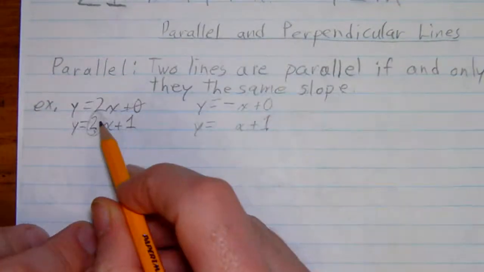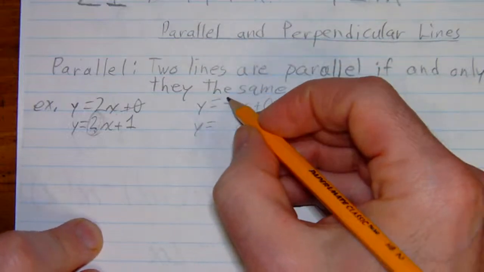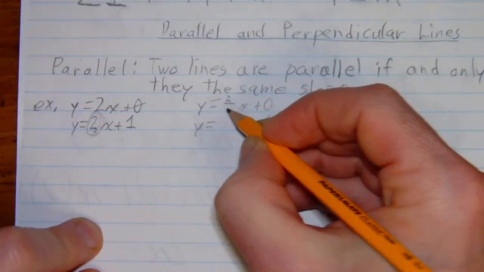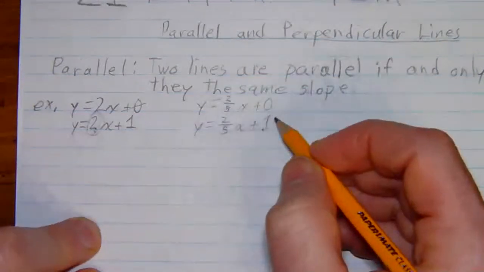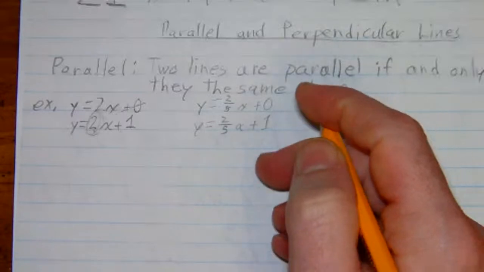And so our examples here, y equals 2x plus 0, y equals 2x plus 1. And you can put whatever fraction you use, 2/5 x plus 0, 2/5 x plus 1.